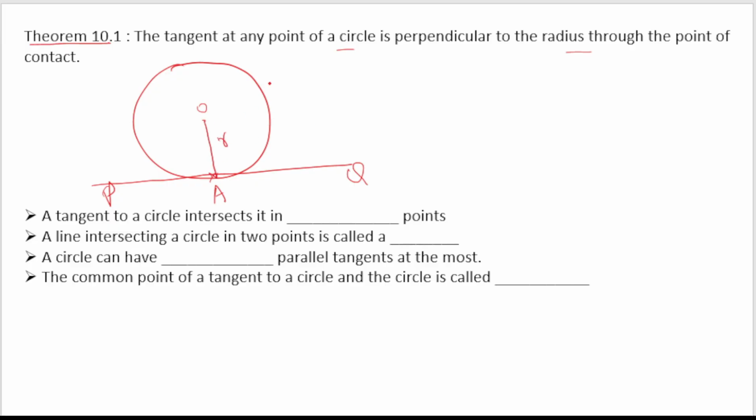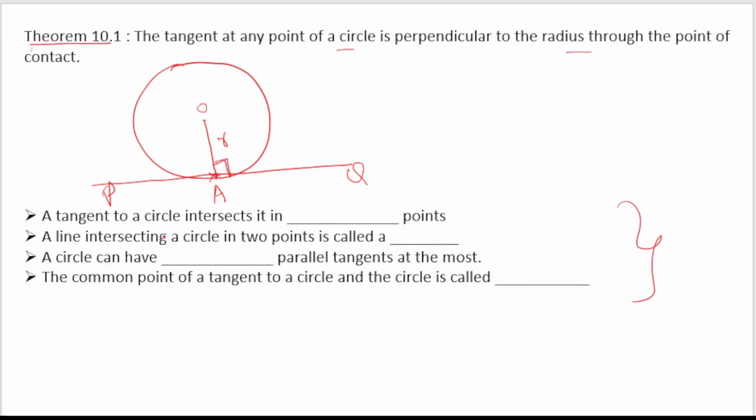This theorem 10.1 is telling that the tangent is perpendicular to the radius. It is perpendicular at the point of contact. This is theorem 10.1.